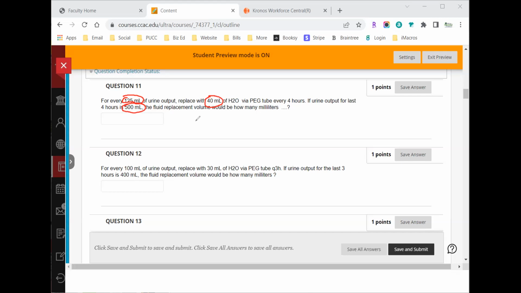Basically, we take what the patient actually voided, put that over the expected or theoretical output, and then multiply it by the replacement volume. So I'm going to take the patient's volume that they actually voided over the expected volume, and multiply by the replacement volume.